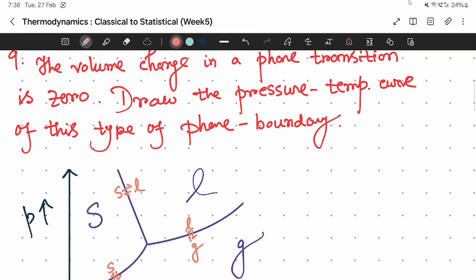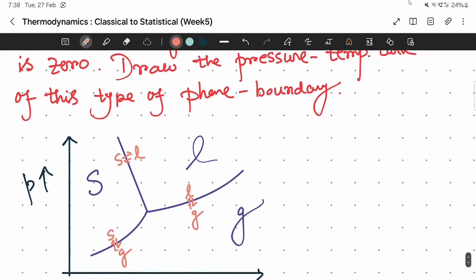Here they said that the volume change in a phase transition is 0. So that means, let's say the phase is changing from A to B, any phase. We don't know whether it is solid, liquid, or gas, what kind of species this is. But A to B is happening, and VA is comparable to VB.